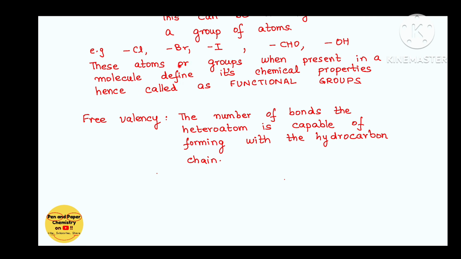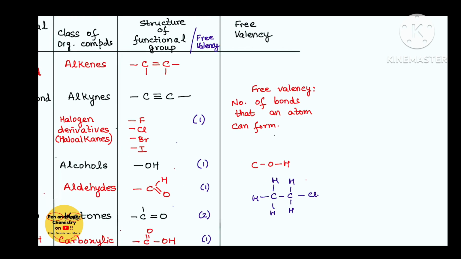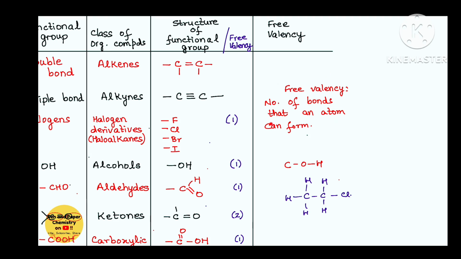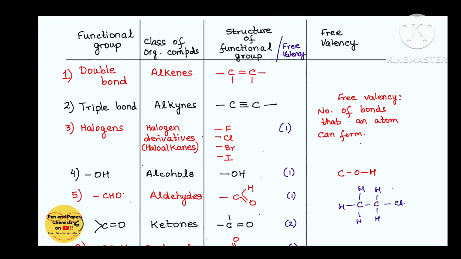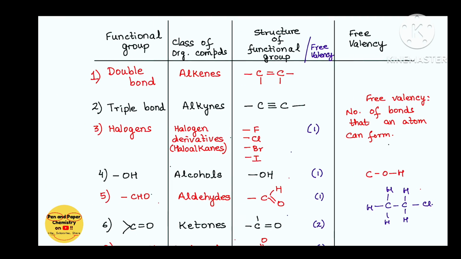These atoms or groups define the chemical properties, hence the name functional group. I've also given you the definition of free valency. You can either write this one or the one on the previous slide, or you follow the one which is there in your curriculum booklet.